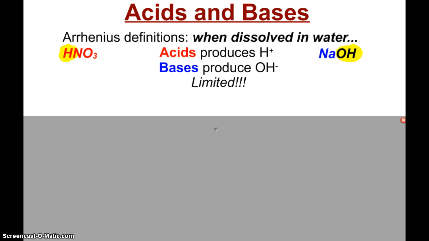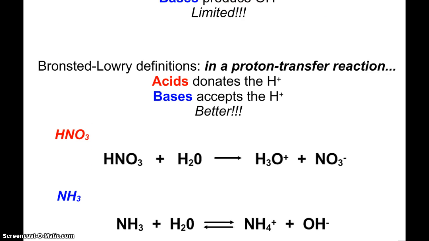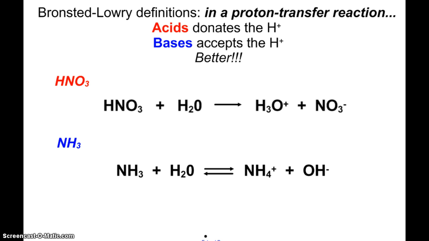So the evolution of this theory turned into the Bronsted-Lowry theory. The Bronsted-Lowry theory looks at acids and bases through a proton transfer reaction. Acids donate protons, hydrogen ions. Bases accept the protons, hydrogen ions. And so here we see two examples of this. The nitric acid, still an acid, it was an acid under Arrhenius, still an acid here.